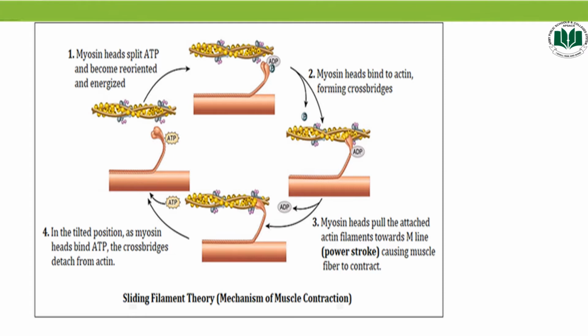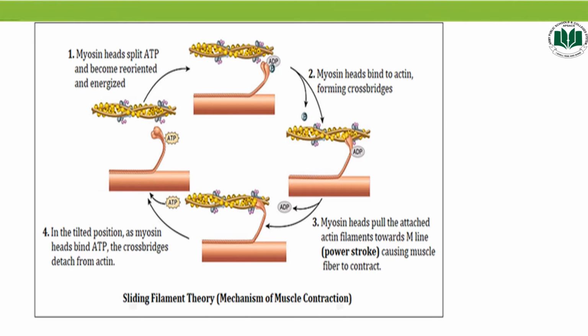In step number 3, as you can see in the diagram, the myosin head pulls the attached actin filament toward the M line, causing the muscle fiber to contract. As a result, the ATP is hydrolyzed to ADP and phosphate, and the cross bridges are broken down in the next step.